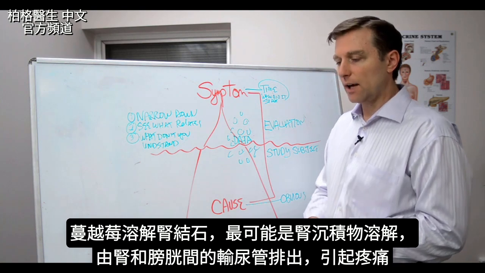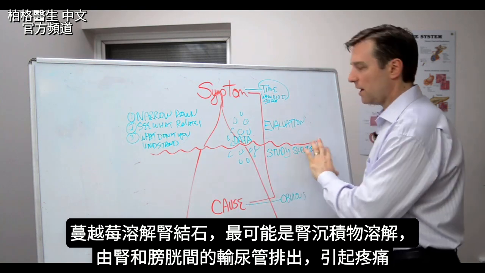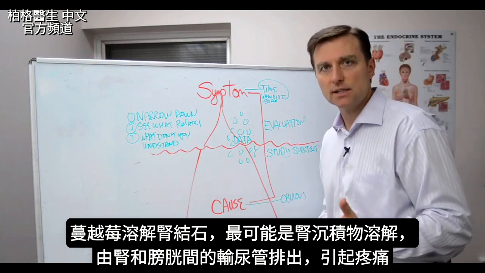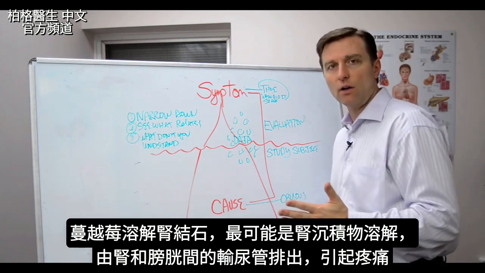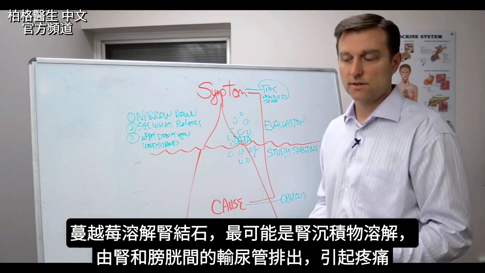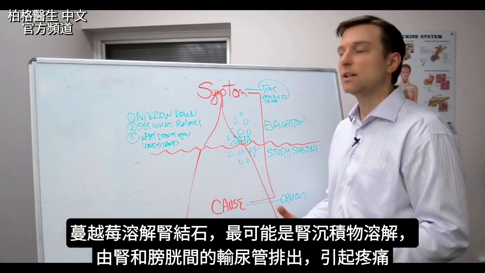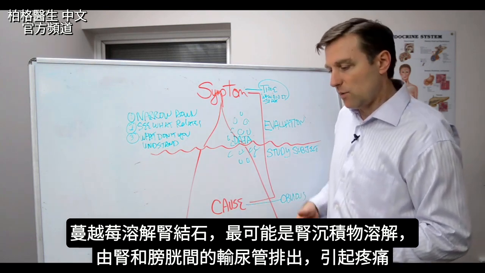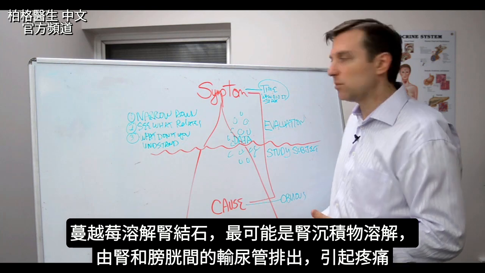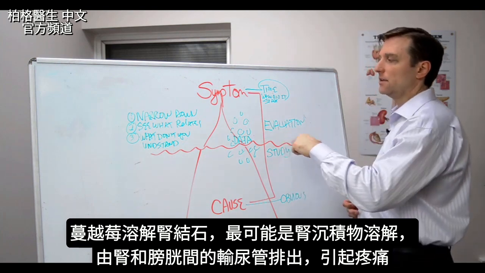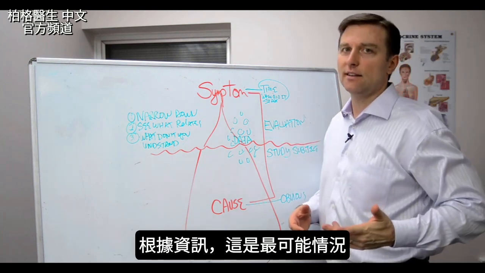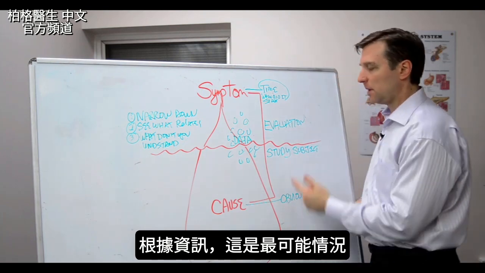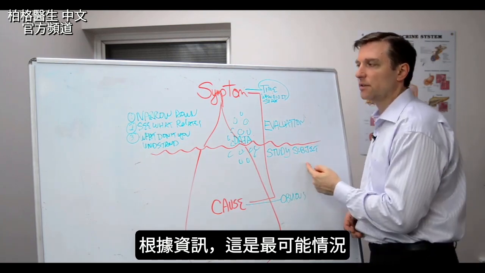And you go, oh, okay. Now, you know that cranberry affects the kidneys. Cranberry dissolves kidney stones. The most obvious thing is she dissolved crud from her kidney, and it went down the tube between the kidney and the bladder and caused that discomfort. So that would be the most likely thing based on your knowing the information.